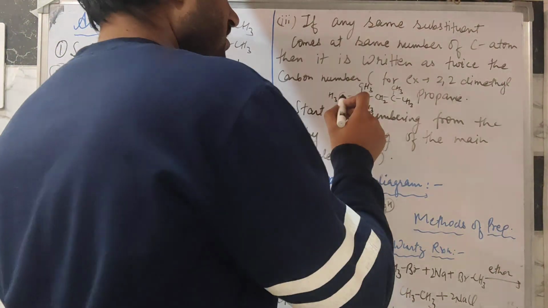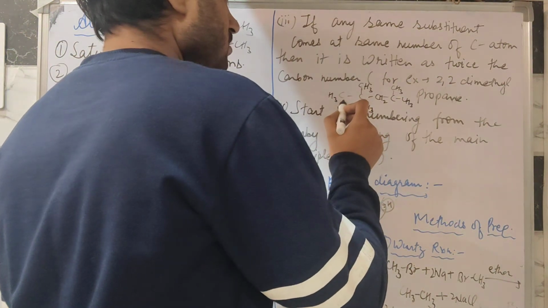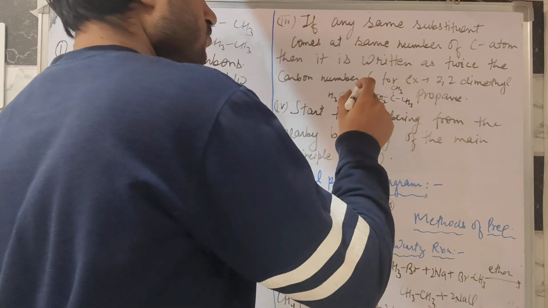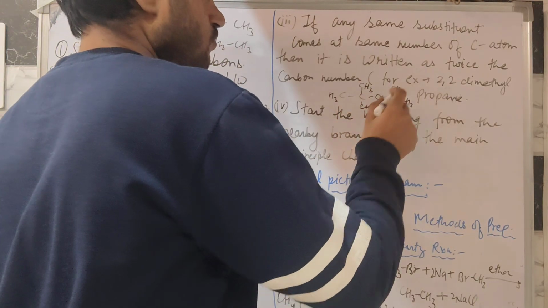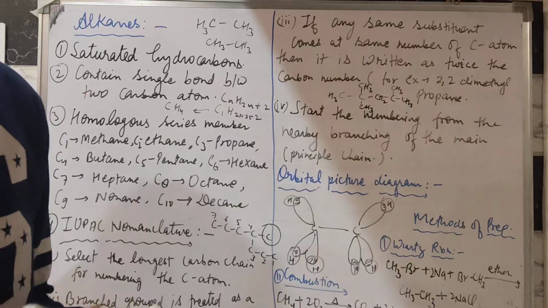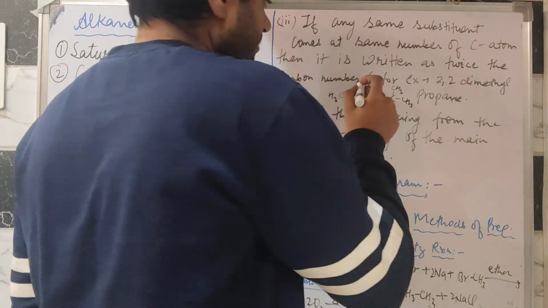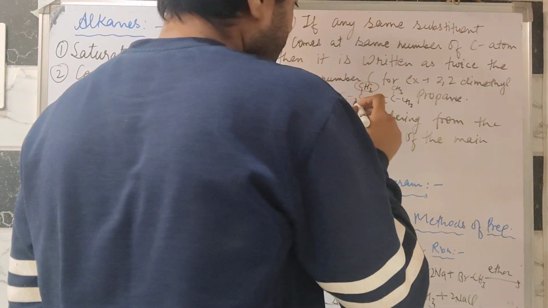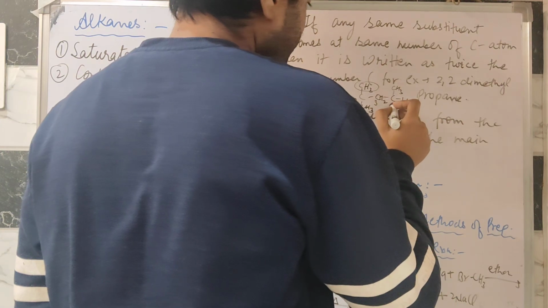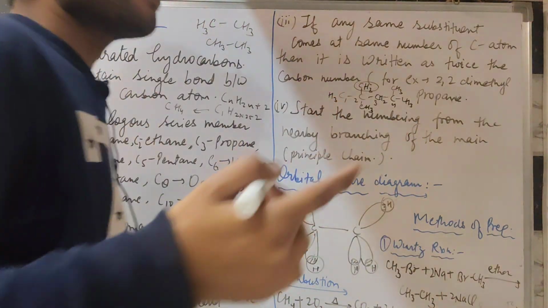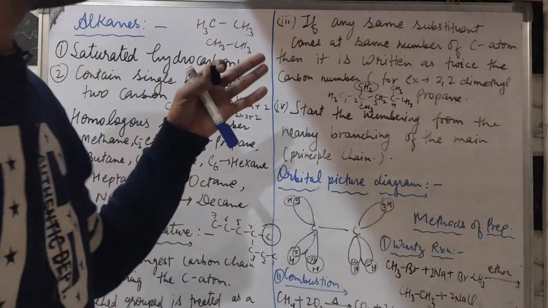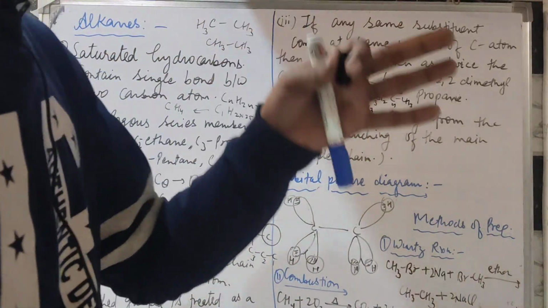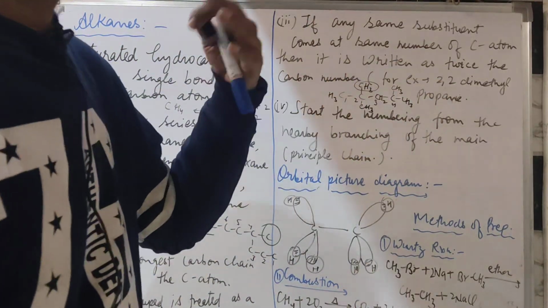So numbering will start from here, 1 2, so 2,2,4 trimethyl. It means that for the carbon atom the number is repeated twice if two substituents are attached to it. If the same substituent is attached to other carbons as well, it will be considered as tri.